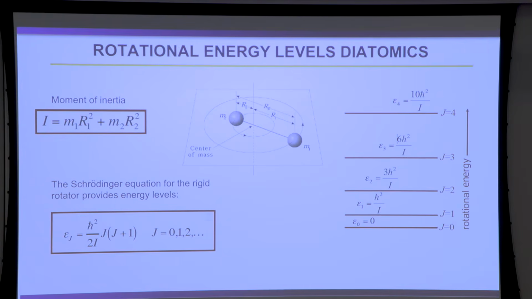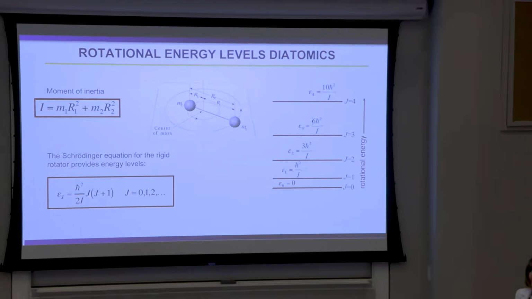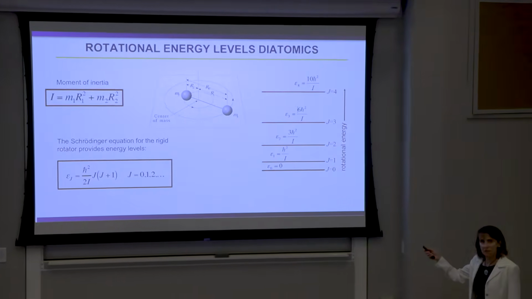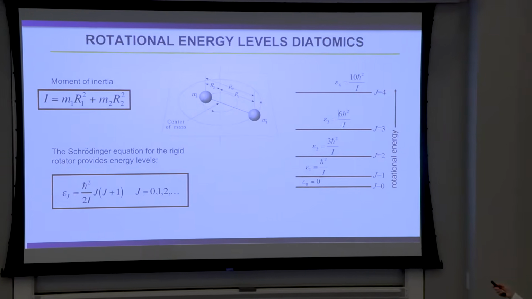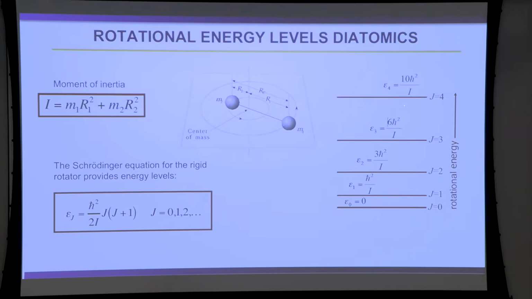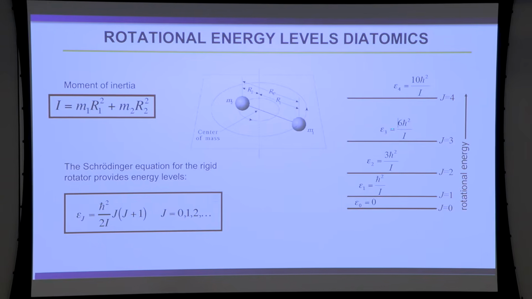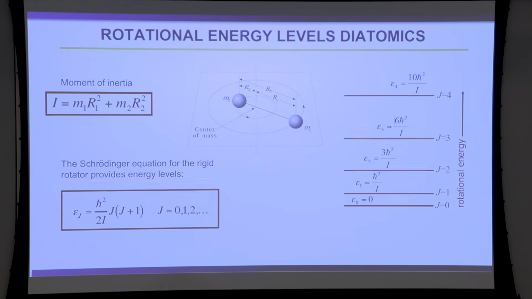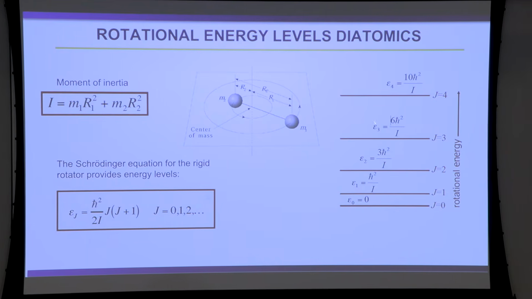So think about this. Why am I spending so much time on these things? I know that I don't want to lose you with all this math. If you want to jump from this state to this state, you need a certain type of energy. If you want to do one more jump, you need way more energy here, okay? So it's not continuous, there is a jump. The system needs to have enough energy to go up.